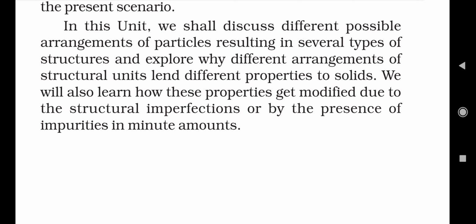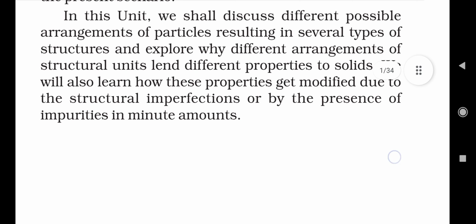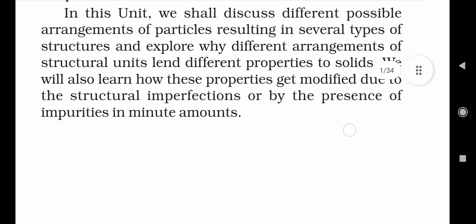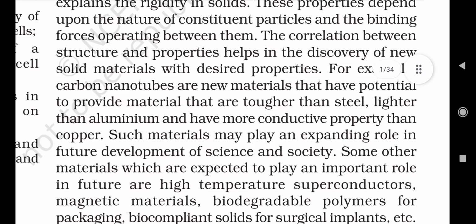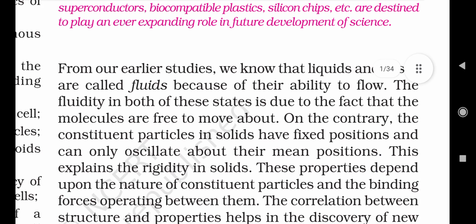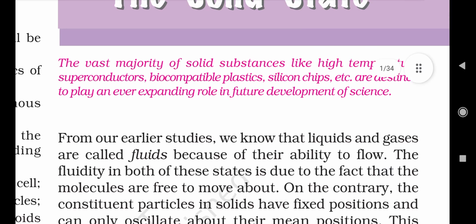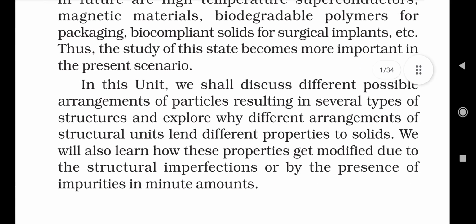We will add impurities, different materials, different atoms, and the property will get modified. You'll see later in the chapter the presence of impurities in minute amounts. You have seen doping in physics, in class semiconductors. Similarly it will happen here. So this paragraph just gave us the idea about the whole chapter, what we're going to study in the whole chapter. I hope I was able to make this paragraph clear.